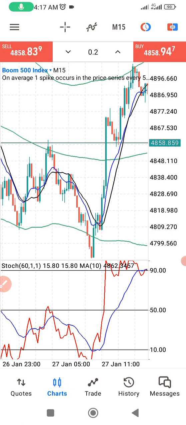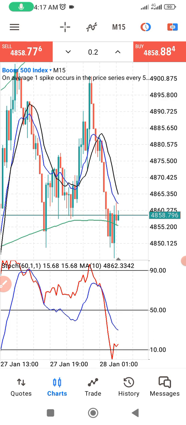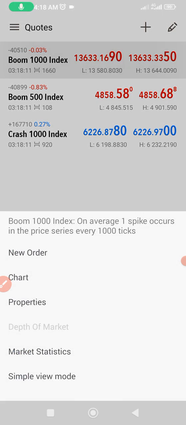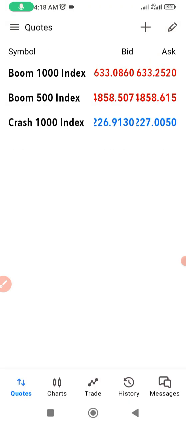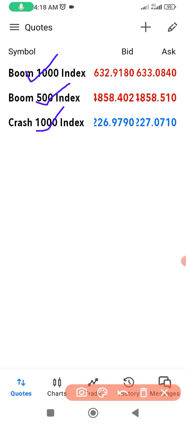So we are looking basically at how to scalp boom and crash. But this strategy works more perfectly, from research and from several backtesting, on these three assets: Boom 1000, Boom 500, and Crash 1000.